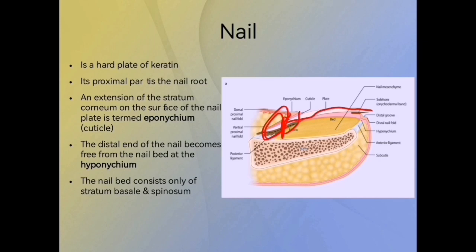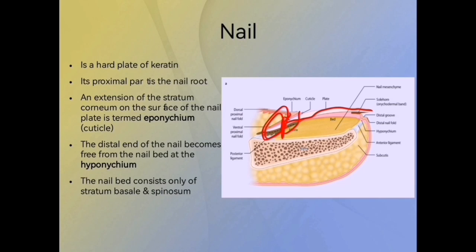And the nail plate lies on the nail bed. Our nail bed is made up of only the stratum basale and stratum spinosum layers. And on the surface of the nail, we have an extension of the skin which will form what we call the cuticle, and we refer to this as the eponychium.